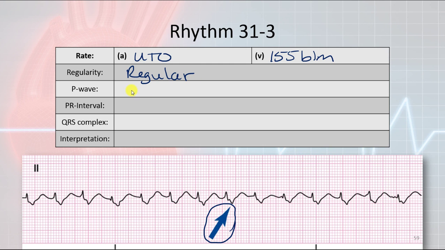P wave, like I said, I'm going to consider it absent because I would not have been able to identify that P wave in there. PR interval is going to be none. QRS complex looks wide, starts right here, ends way over here, so it's going to be 0.16 second. The interpretation, sustained VTach, and it's not slow because it's over 150.